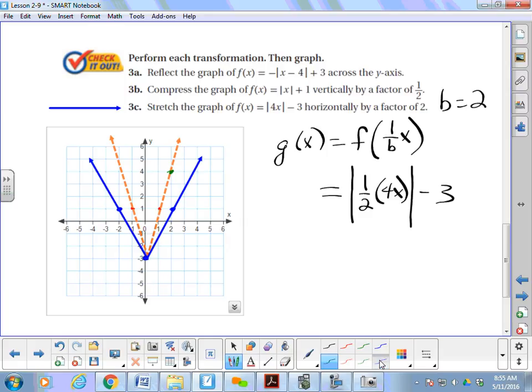Because what we're doing is multiplying x, whatever started inside here, by 1 over b. And since it already had 4x in there, we're going to multiply that 4x times 1/2. So my new rule would be absolute value of 2x minus 3. So the slope is now going to be 2 or negative 2 instead of 4 or negative 4. So a horizontal stretch actually makes it less steep.